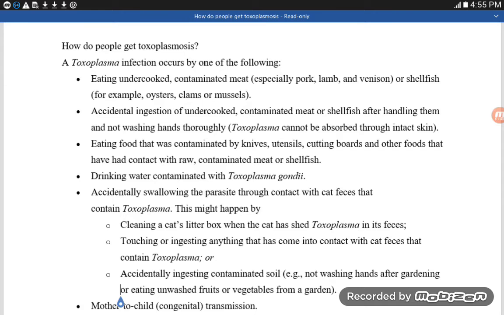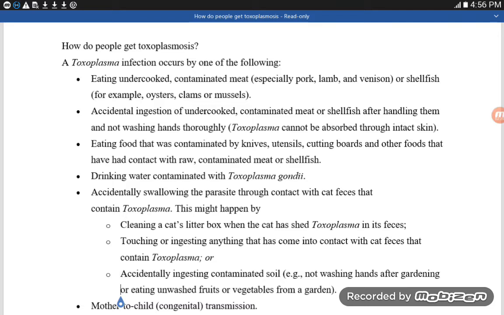So when we handle pork meats or shellfish, before eating we have to wash our hands thoroughly. Otherwise, if the meat or shellfish contains any infective stage, it will enter into our body.